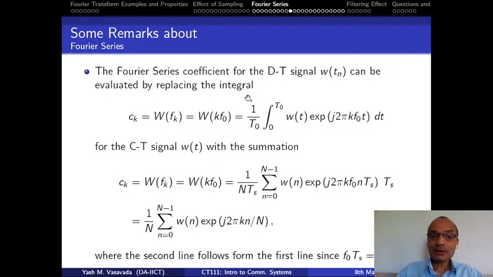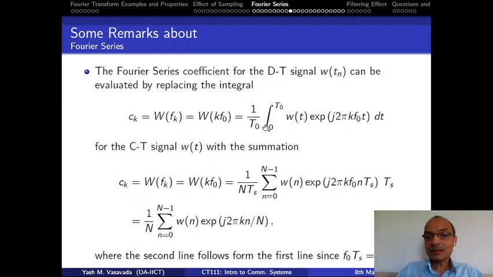And so therefore, for this particular signal, this Fourier series coefficient, which was a continuous time integral before, because of this sampling, became a summation. The frequency became discretized, and this discretization is happening because of the periodicity in time domain.